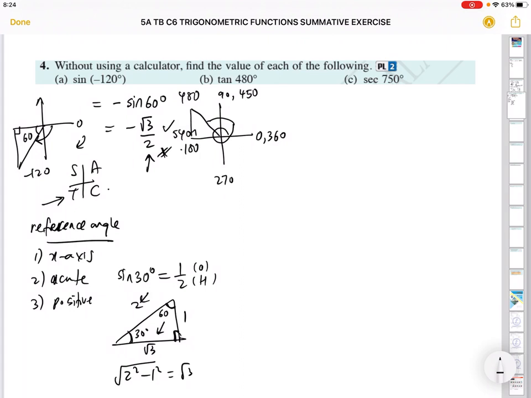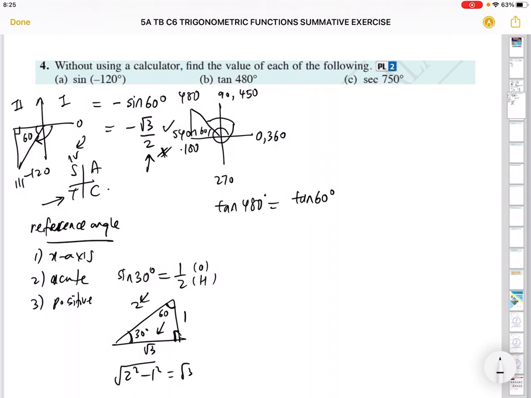And again, quadrant 1, quadrant 2, quadrant 3, quadrant 4. That's how you read a quadrant. Your reference angle is still 60. If you take 540, you minus 480, the difference is still 60. So this tangent 480, number 1, I express this angle in general angle to reference angle tangent 60. I know that it's in quadrant 2.